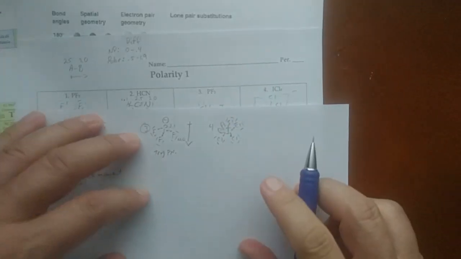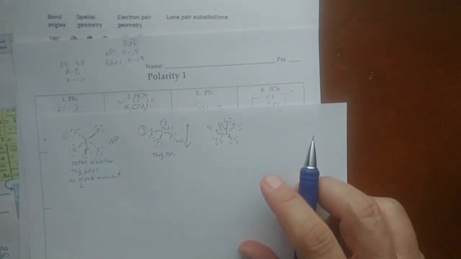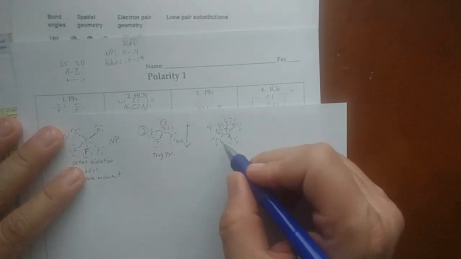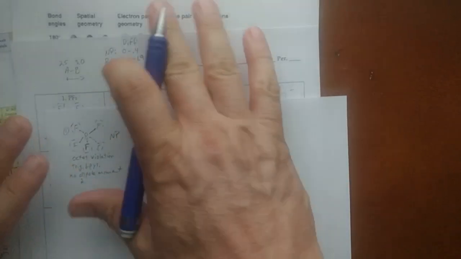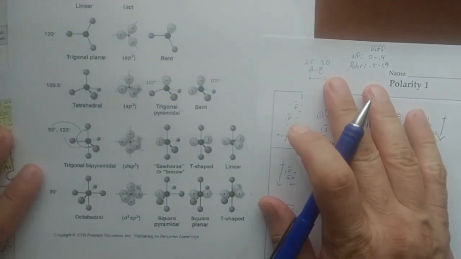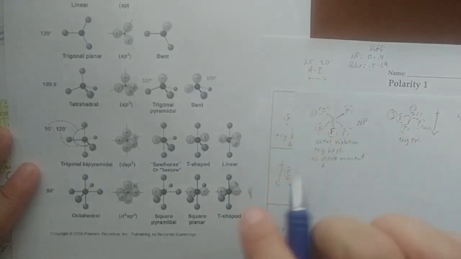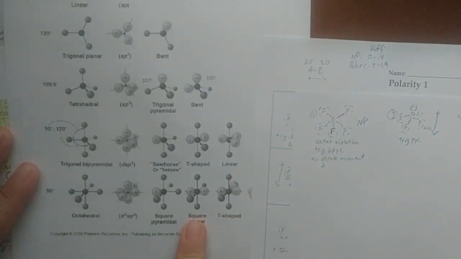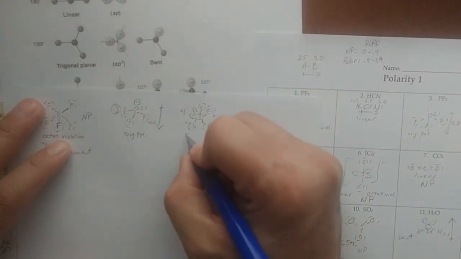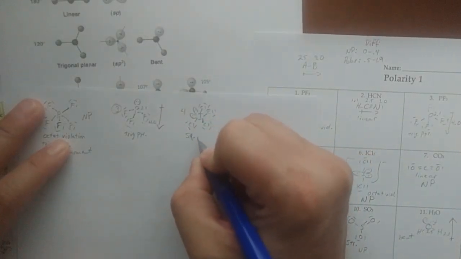So what do I have? 4 bonded atoms and 2 unshared clouds. Square planar.